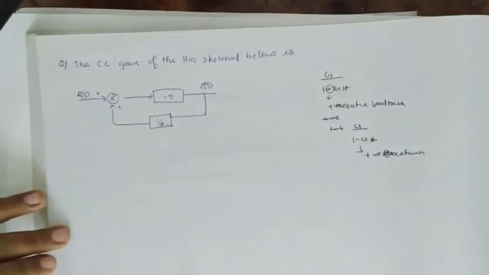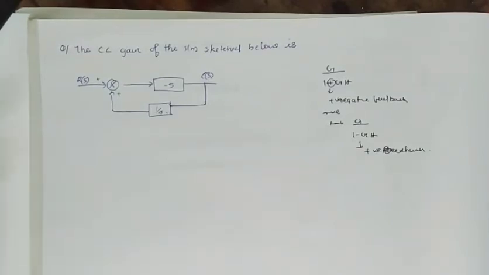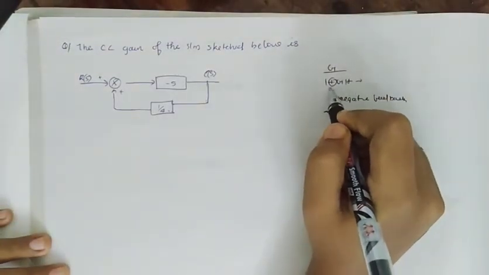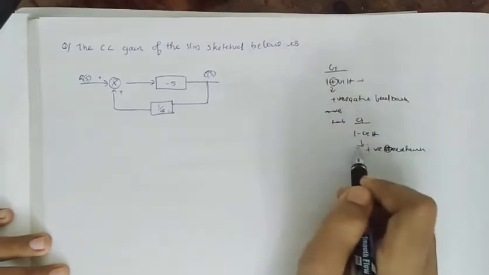This happens because in negative feedback the overall gain is reduced, right? If it has to be reduced, then the denominator should be greater. That is why it is plus. 1 plus GH is greater than 1 minus GH.